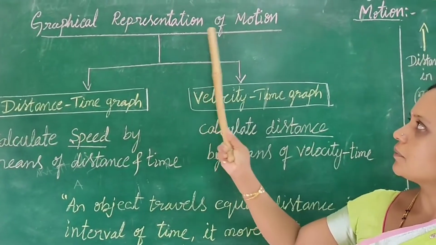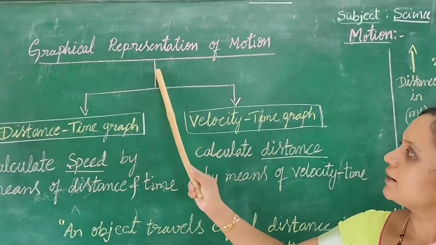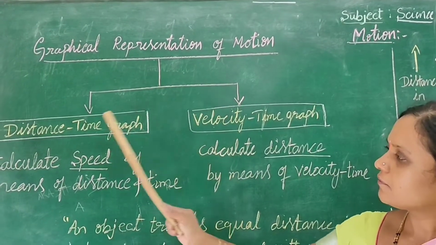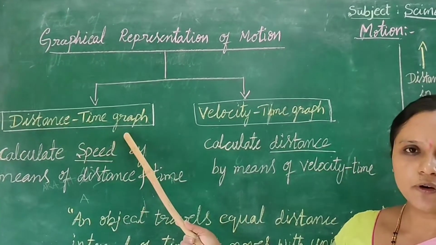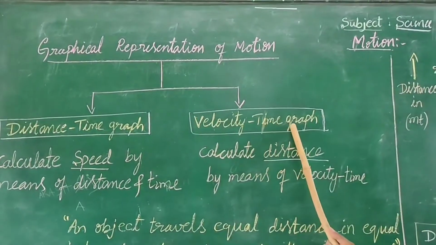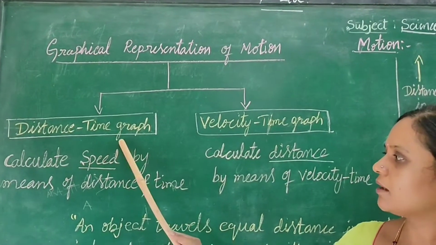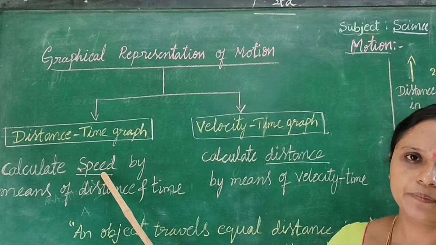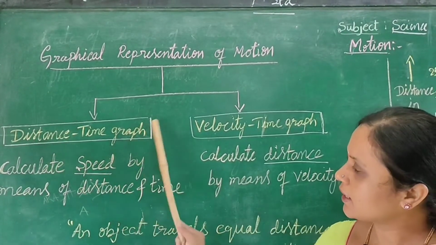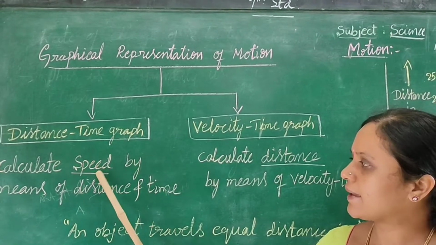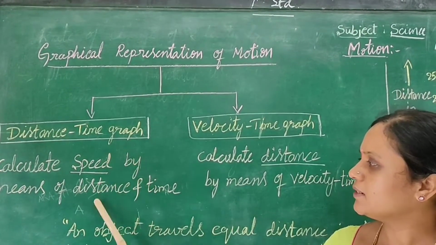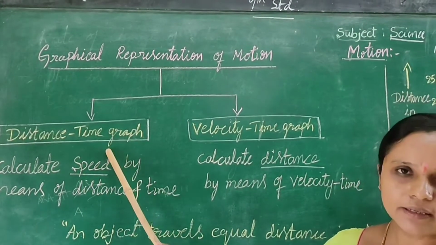The graphical representation of motion can be divided into two parts. The first one is the distance time graph. The second one is the velocity time graph. By using the distance time graph, we can calculate the speed by means of distance and time.